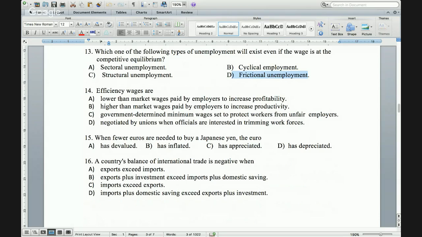So efficiency wages. We're going back to this word, productivity. Even though in economics the main aim of firms is to maximize profits, we're talking about a macroeconomy here, where that still stands as well, but we're talking about productivity. Employers want to increase productivity, and the efficiency wages then become higher as a result.